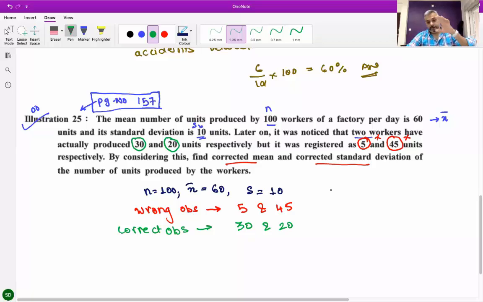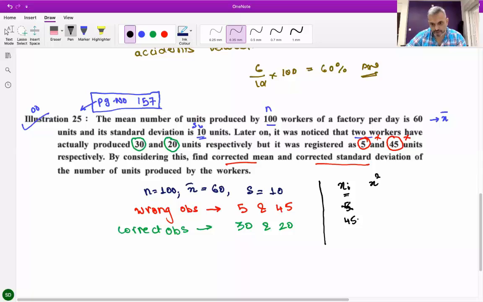So let's understand first this concept, exactly what has gone wrong. I'll draw a line over here. See, you had xi. From xi, you found x square to find the standard deviation. So in xi, you had written by mistake 5 and 45.